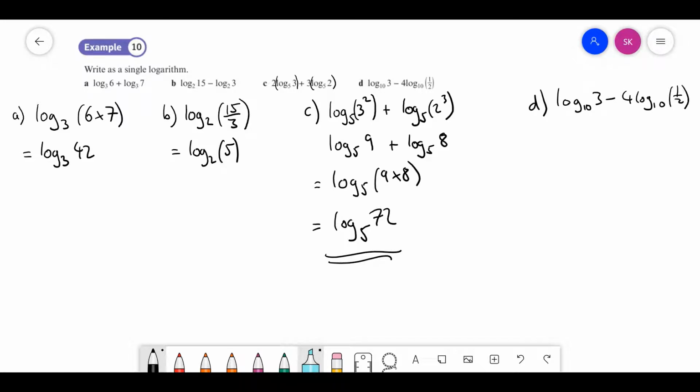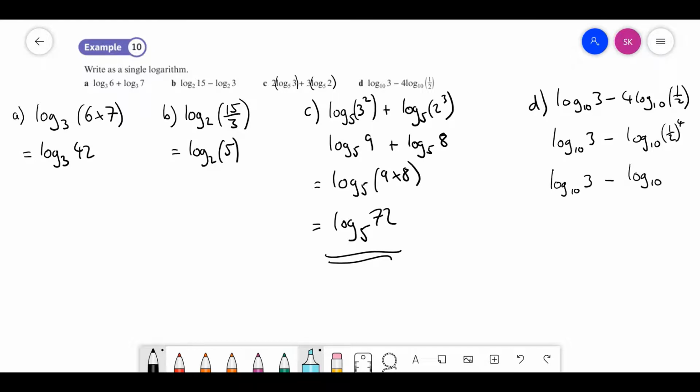So the first thing I'm going to do is use the power law. I can see this coefficient here. So this is log base 10 of 3 minus log base 10 of a half to the power of 4. So I'm just going to simplify the second log.